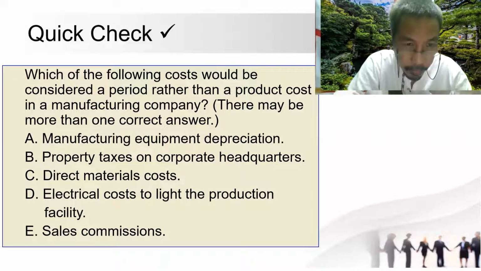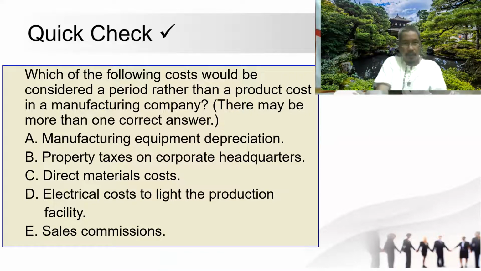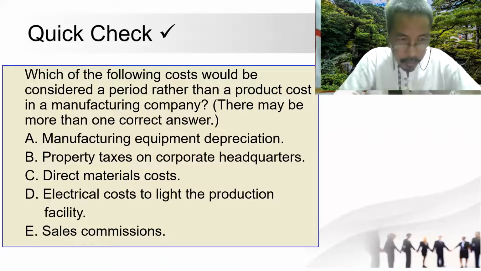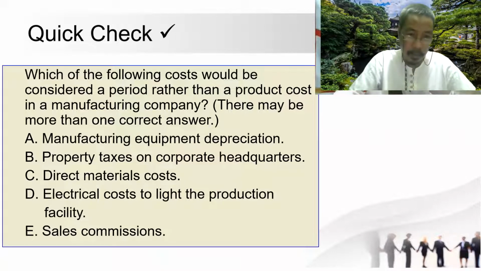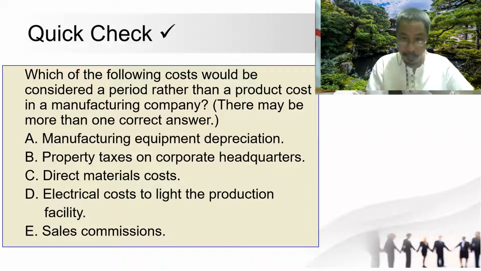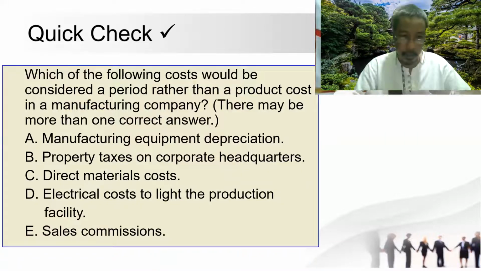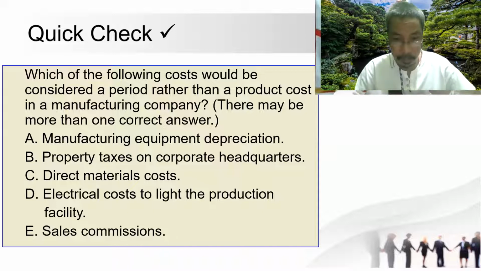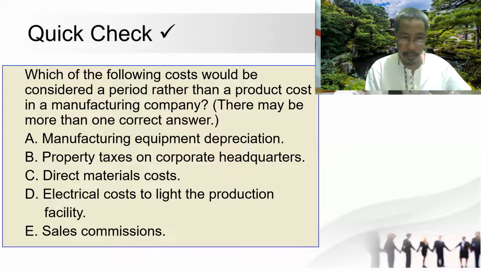Letter B, property taxes on corporate headquarters. Letter C, direct material cost. With the direct material cost, this is actually already product cost. Letter D, electrical cost to light the production facility. Letter E, sales commissions.